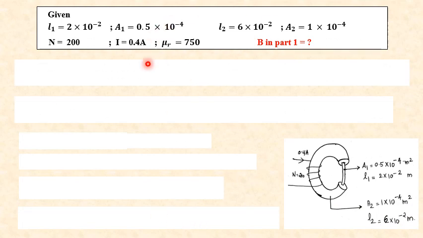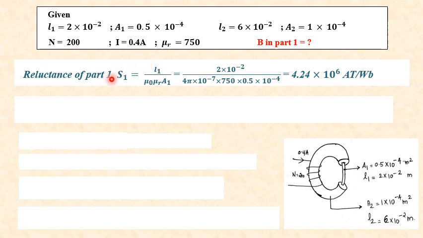Okay, so next we need to find the reluctance in each part. So reluctance in the first part. All the parameters are given directly because finally we need to find the flux density. To find flux density, we need to first find the flux. For that, we need the values of S1 and S2.